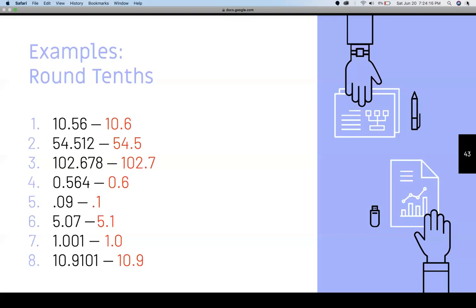We don't need that 8. We just want to look at the 6 and the 7. 7's greater than 5, so we round up, so that becomes 0.7.